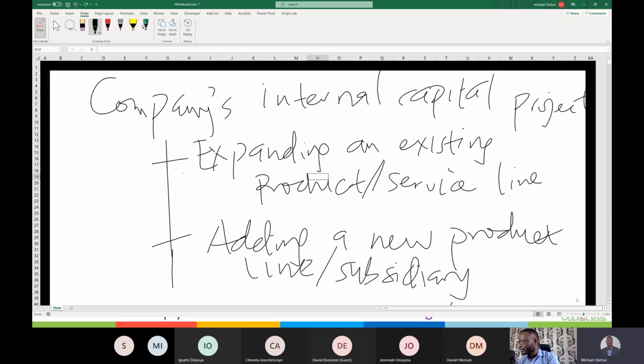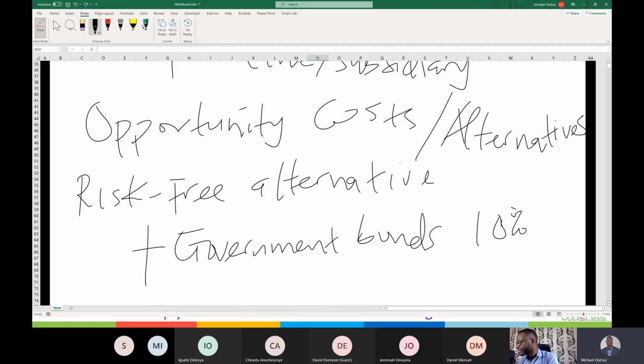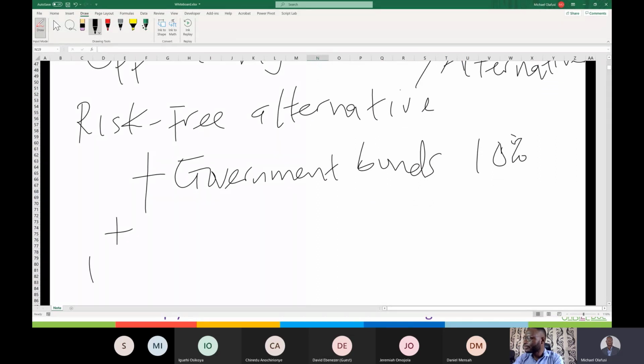In addition to that, any business you are going into, you don't want it to give you less than this alternative, right? So you are going to now say plus a premium. So this premium that you're going to demand, it's called a risk premium.